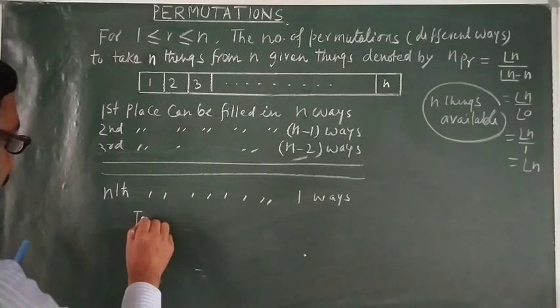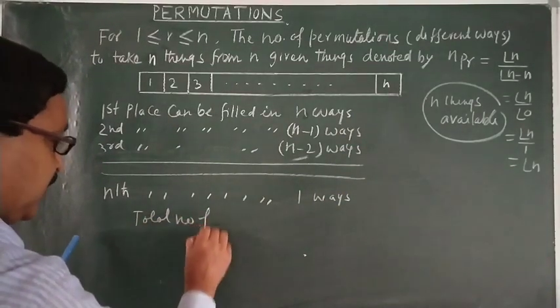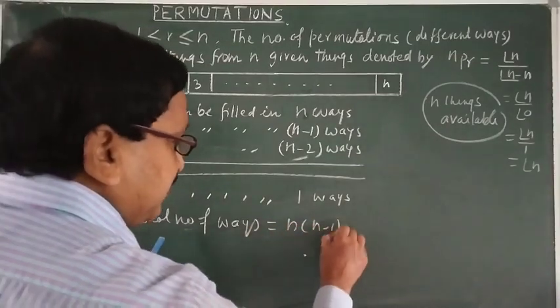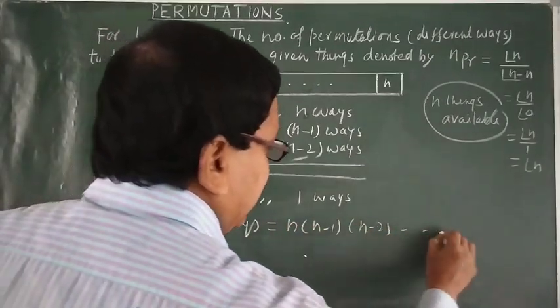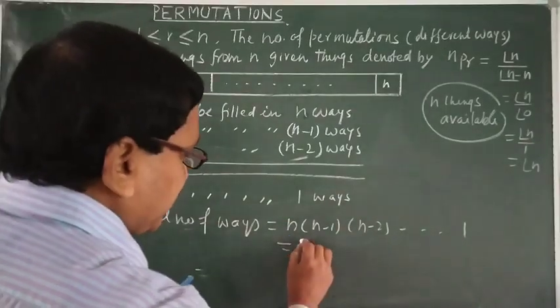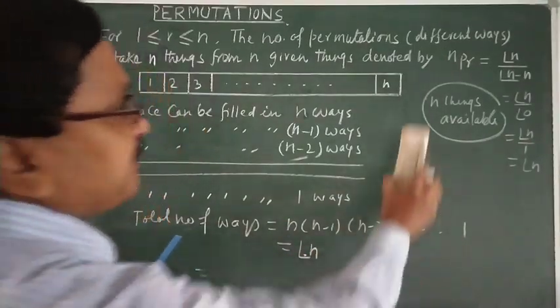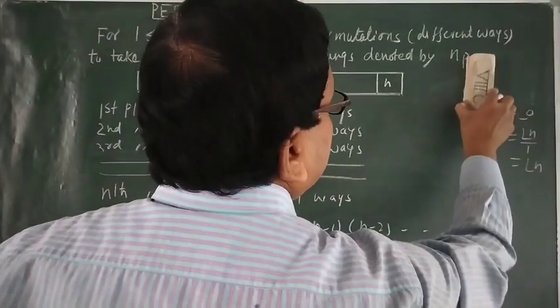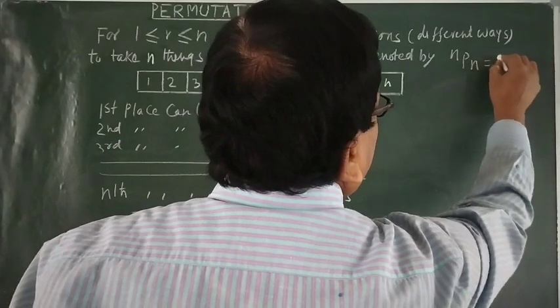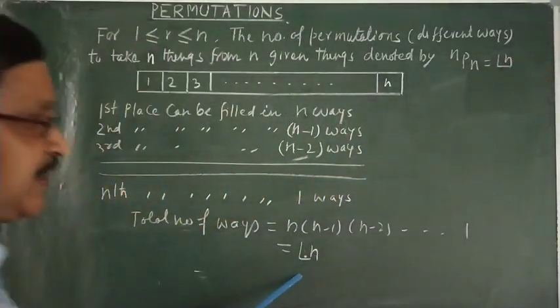So the total number of ways is n into n minus 1, n minus 2, lastly 1. Starting from n and ending at 1, this is called factorial n. So directly we can write nPn is equal to factorial n.